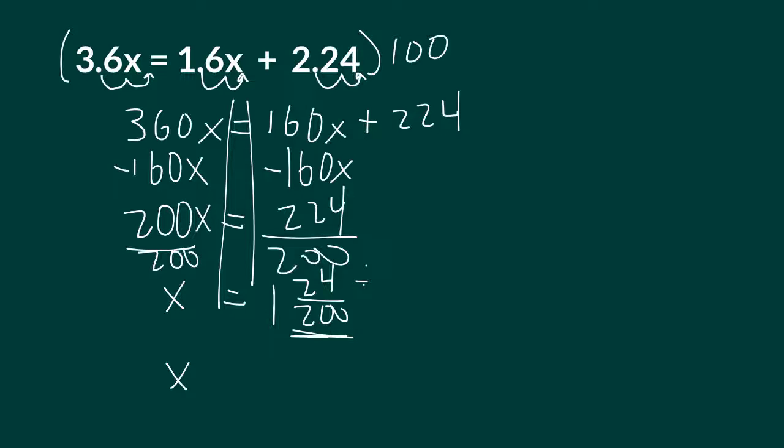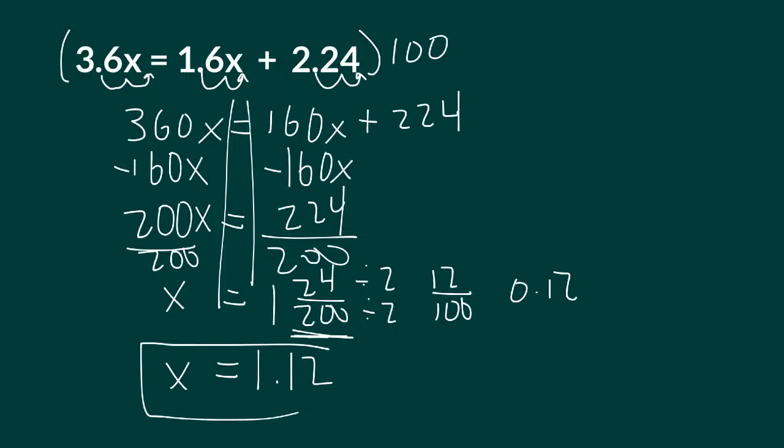If I divide both the top and bottom by 2, that would give me 12 over 100, which would give me the decimal of 0.12, which means that I have x is equal to 1.12, and that's my final answer.